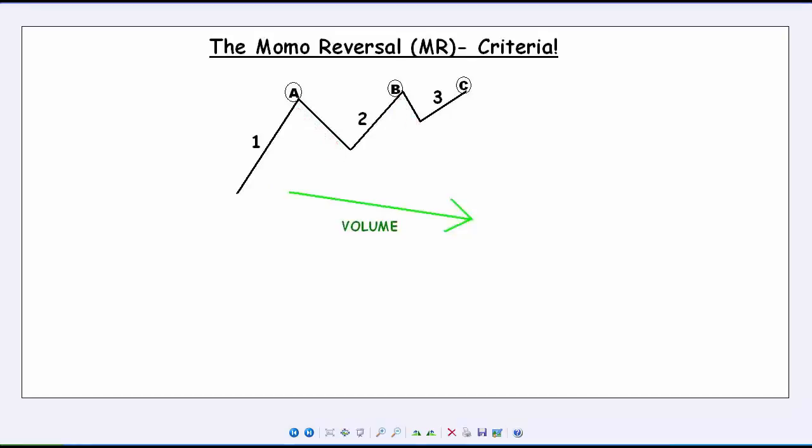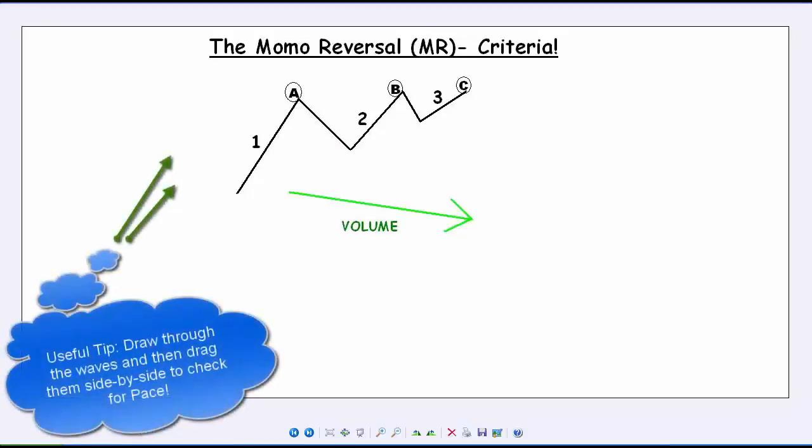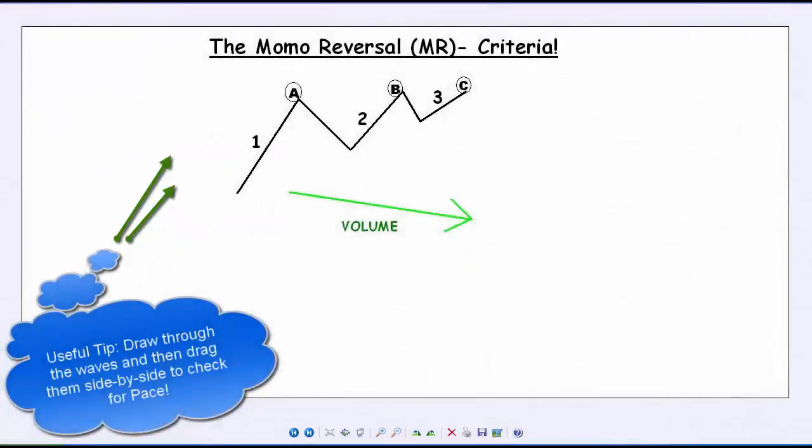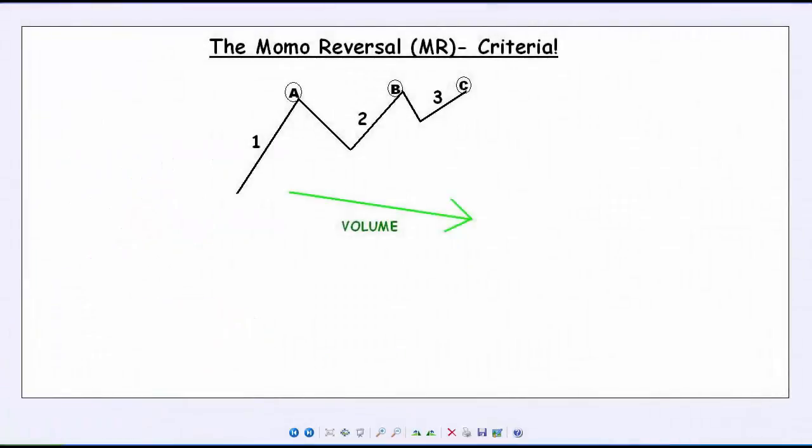Impulse wave 1 should be steeper, should be more bullish in pace than impulse wave 2. That is, impulse wave 1 has more of a price increase, in this example, over a given period of time than 2 does over the same said period of time. The same relationship is true for impulse wave 2 compared to impulse wave 3.